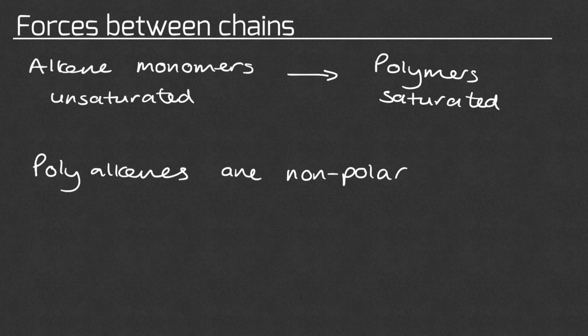Polyalkenes are non-polar, they've just got carbons and hydrogens in, there are no polar bonds, no bonds with a difference in electronegativity. This means the chains aren't susceptible to nucleophilic attack, so you won't get a nucleophilic substitution reaction happening within the polymer chain, for example, and this makes the chains very unreactive or inert.